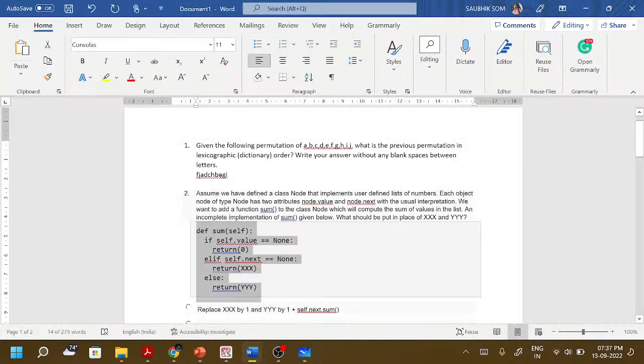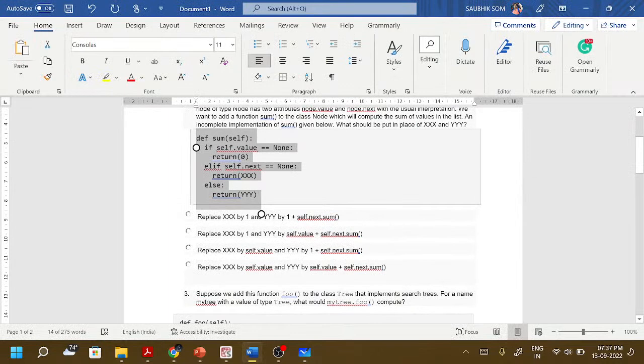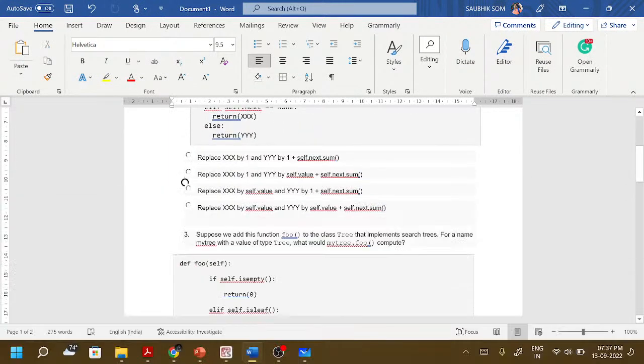Now let's see the options here. Replace xxx by 1, which is not true, of course. These first two are not true. Replace self by self.value, correct, but y is not 1. So we have to again call the sum for the next value.